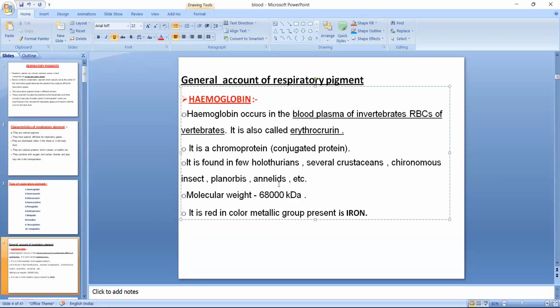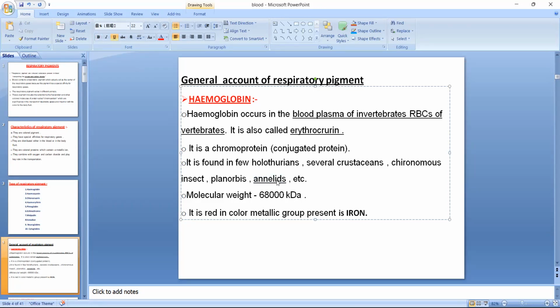It is a chromoprotein. In invertebrates, it is mainly present in annelids, some crustaceans, some chironomus insects, and planarians. These are very exceptional invertebrates. Most of the annelids, like earthworms and leech, contain hemoglobin.